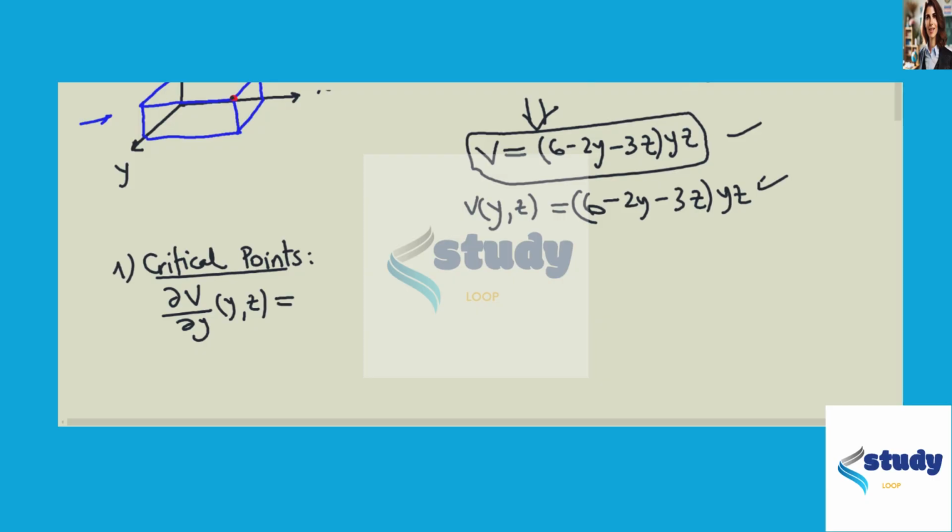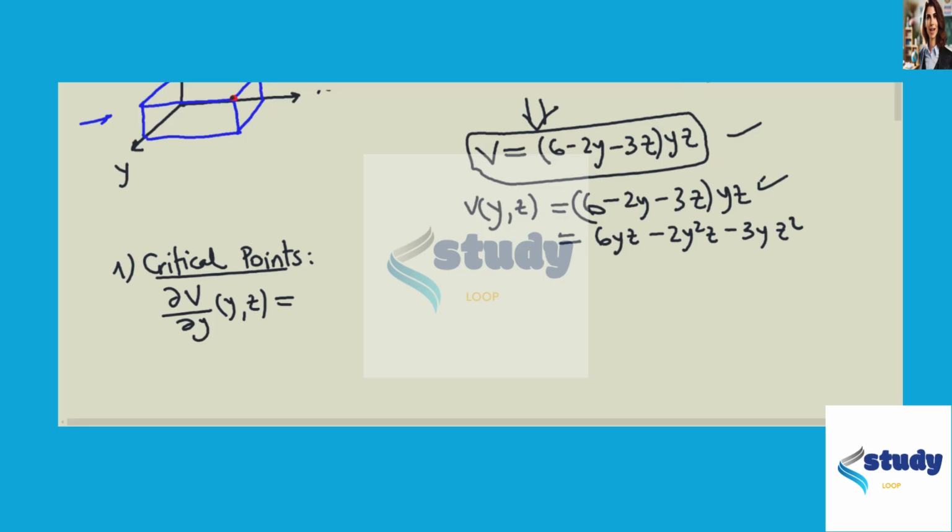To do that, I'm going to expand this formula a little bit: 6yz minus 2y squared z minus 3yz squared. And now it's easier to find the derivatives.